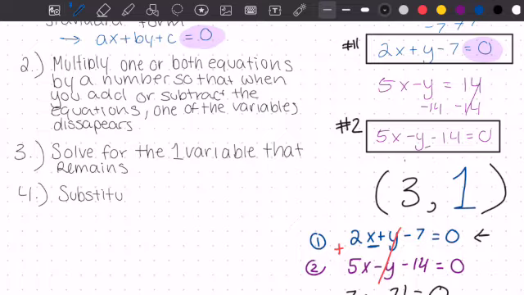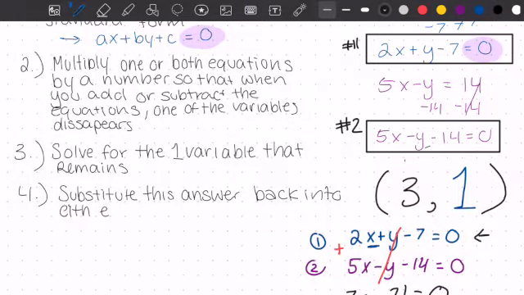Substitute this answer back in, into either equation. And step 5, solve for remaining variable.